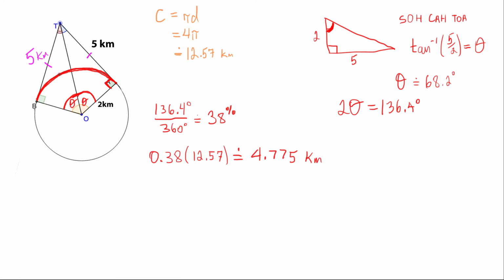So the red arc from A to B, so therefore the distance from A to B, or the length of the arc, if you will, from A to B, is 4.775 kilometers.